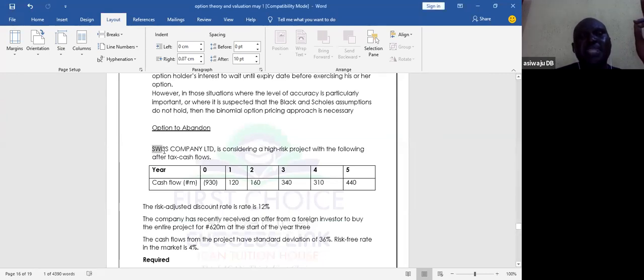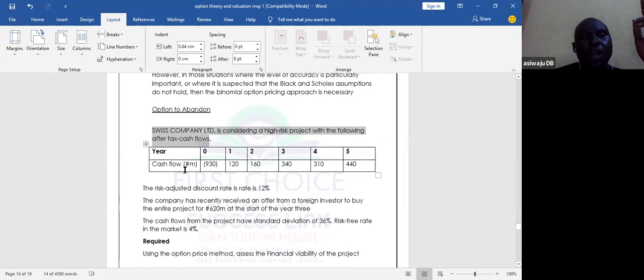Swiss Company Limited is considering a high-risk project with the following after-tax cash flow. The initial investment is 930 million; look at the project inflow from year 1 to 5.